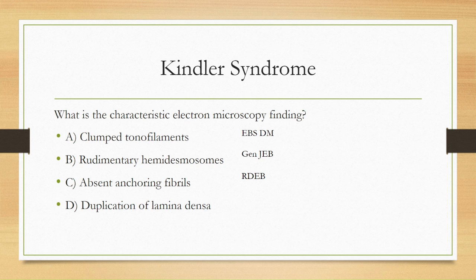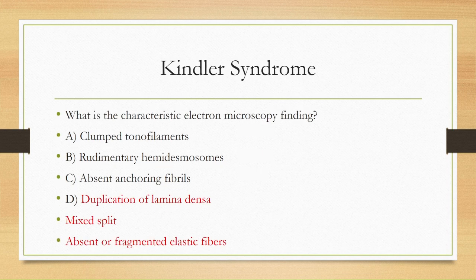You knew that rudimentary hemidesmosomes are noticed in generalized severe junctional EB. You knew that recessive dystrophic EB has absent anchoring fibrils, specifically the severe variant. And you also knew that duplication of lamina densa is the electron microscopy giveaway for Kindler syndrome. Good job.